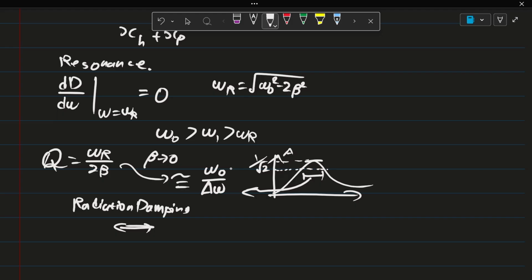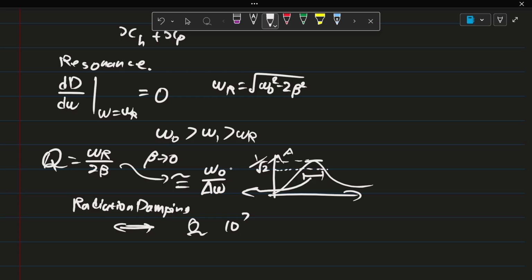So this radiation damping could be denoted as a damped harmonic oscillation. And if you figure out the quality factor, it is on the order of 10 to the power 7, which is quite high compared to a damped harmonic oscillator here.